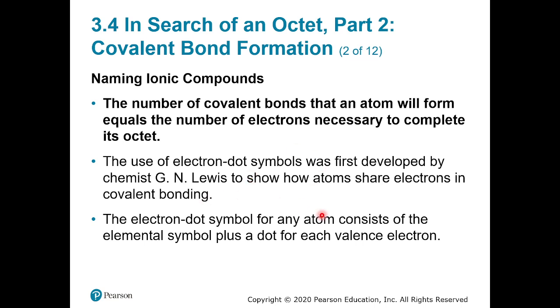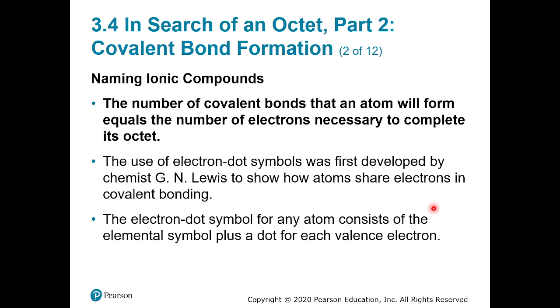All right. So we're going to have electron dot symbols. These were developed by the chemist G. N. Lewis. This is actually going to show how atoms share electrons in covalent bonding. A lot of you have probably seen these before because they're a fairly popular thing to show people in middle school or high school level sciences.